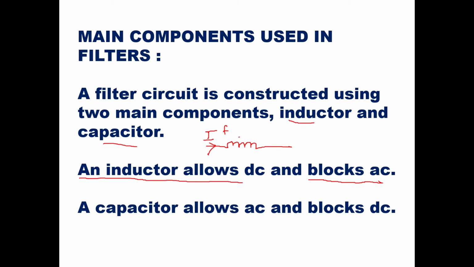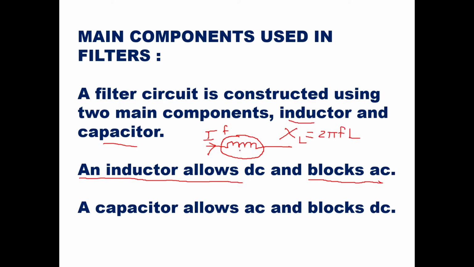Now this inductor coil is going to provide some opposition to the flow of current. That opposition provided by an inductor to the flow of current is called reactance, and reactance will be given as XL. XL, the opposition to the flow of current provided by the inductor, is given as 2 pi FL.